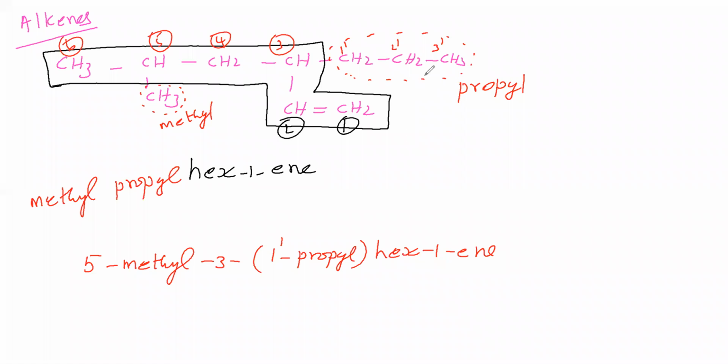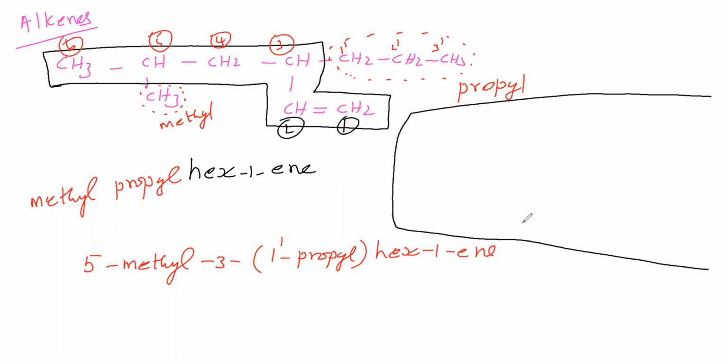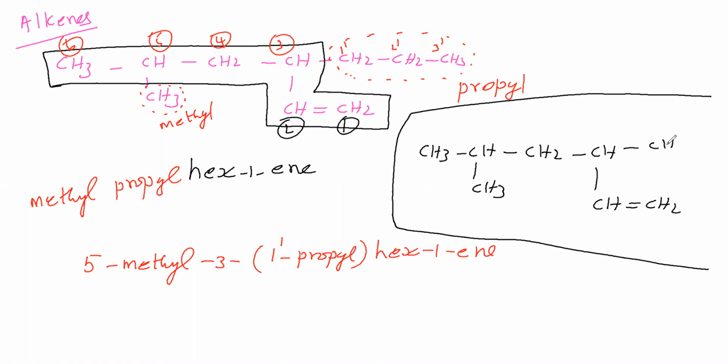What is the necessity to give numbering like this? Why do we have to give numbering to the branch also? Because if you write the compound like this, now I will change the compound like this. Now see the branch position I have changed.